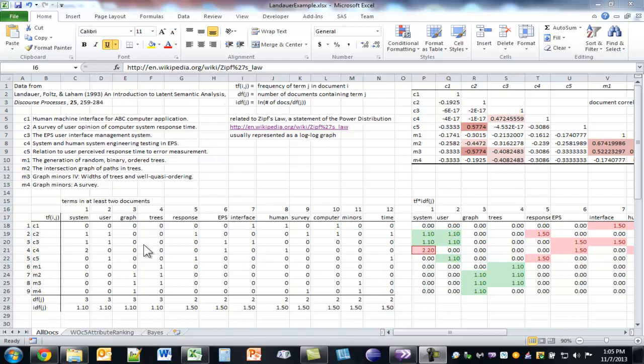So the notation is as follows. The index I, as usual, will be a row index, row 1, 2, 3, 4. The index J will be the column index, so it'll go from 1 to 12.